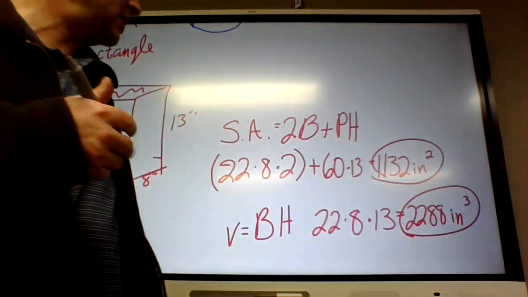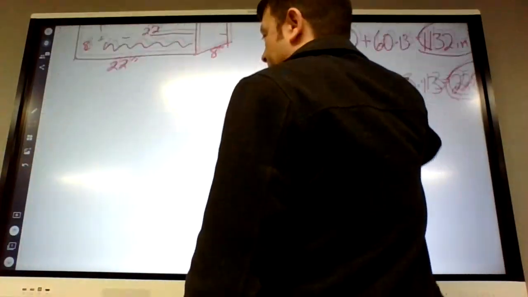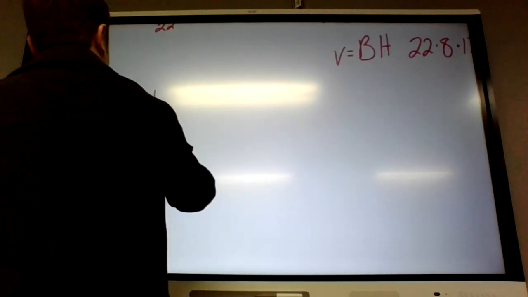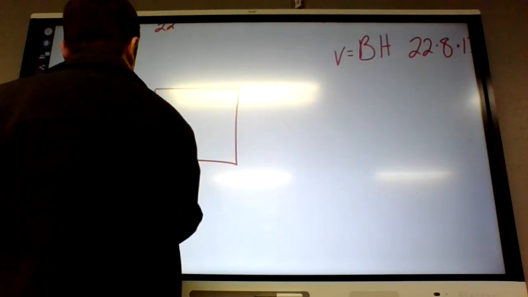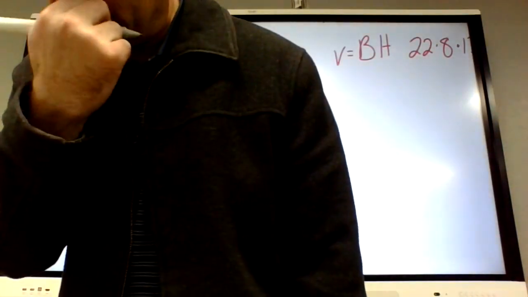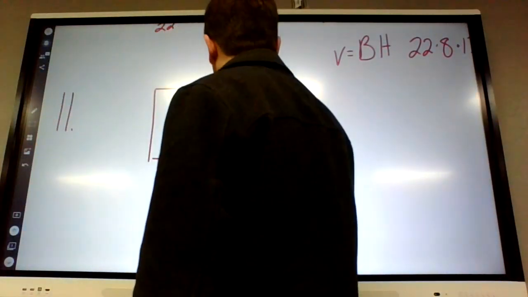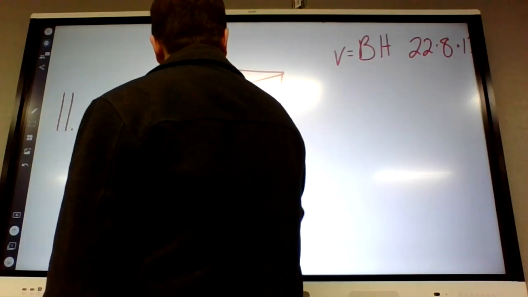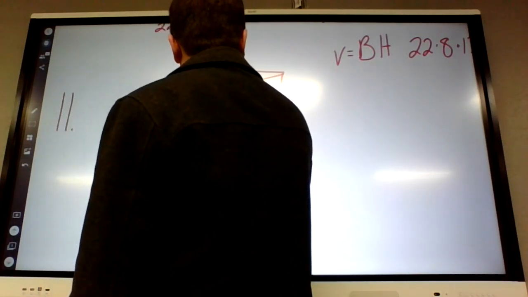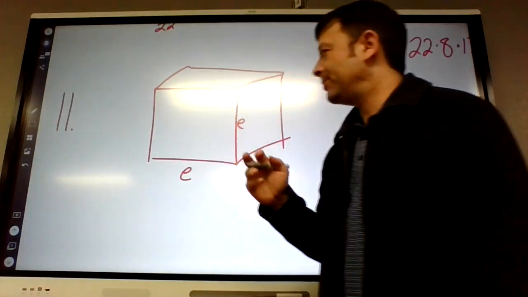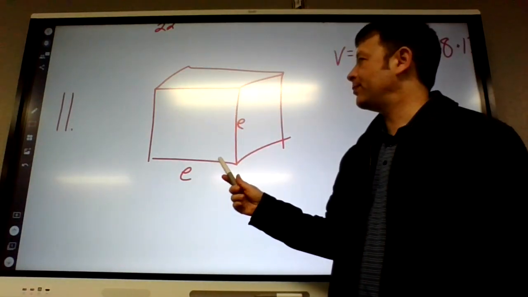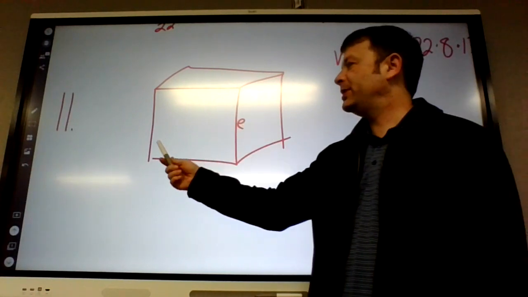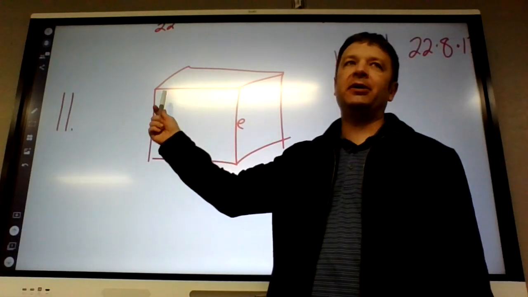For number 11, we're talking about a cube. They give us the surface area of the cube and we're supposed to find one edge of the cube. Well, the thing about cubes is all the edges are the same length. So there's kind of a simple cube formula. If I call these edges E, what would the area of one side of the cube be?